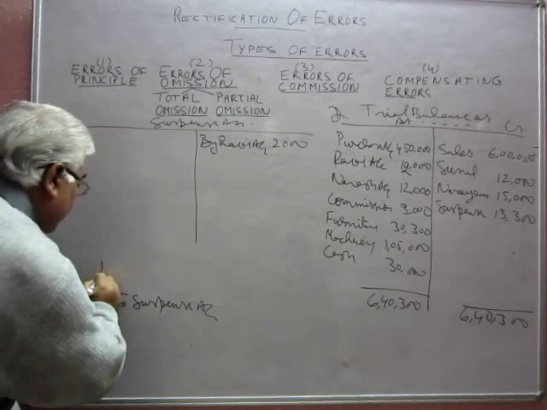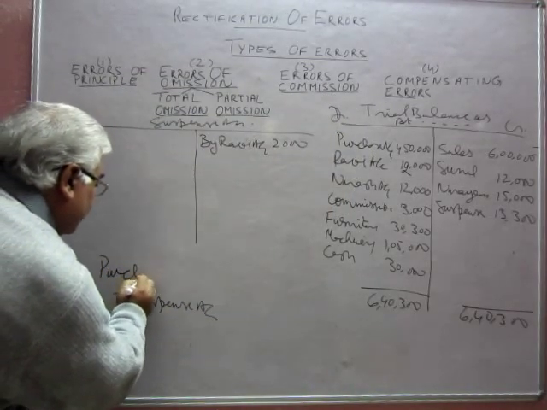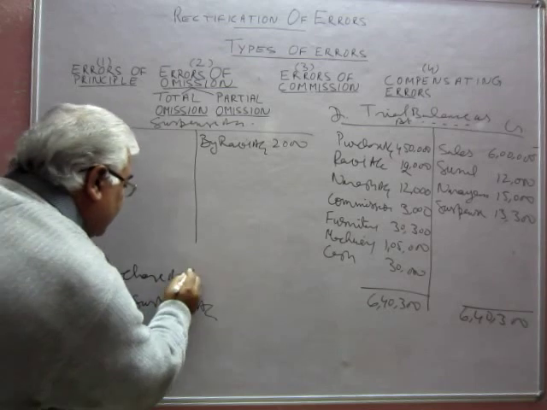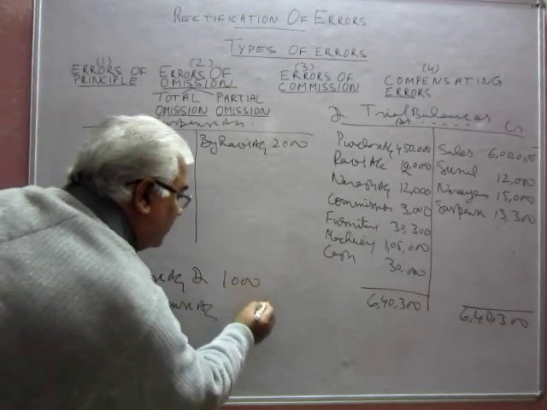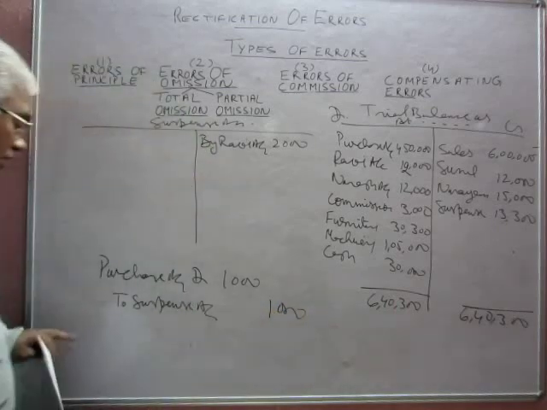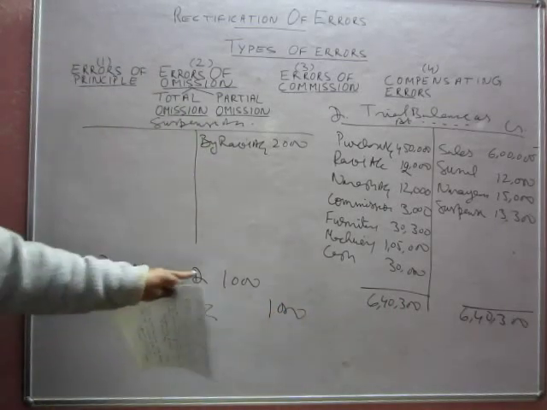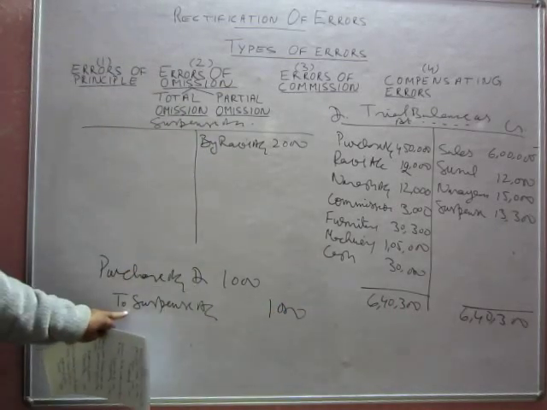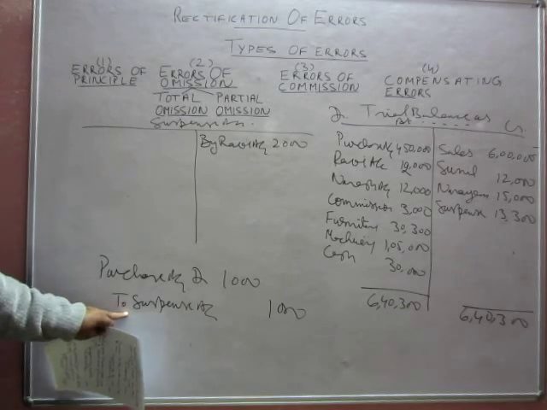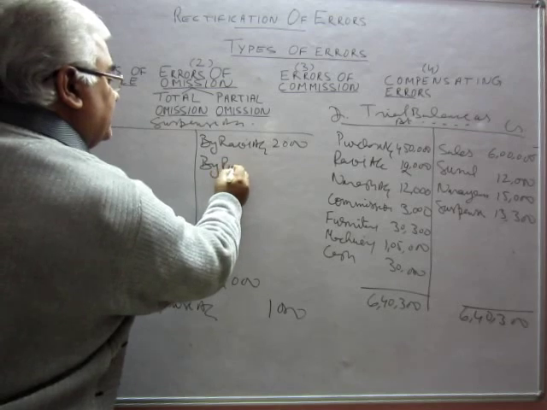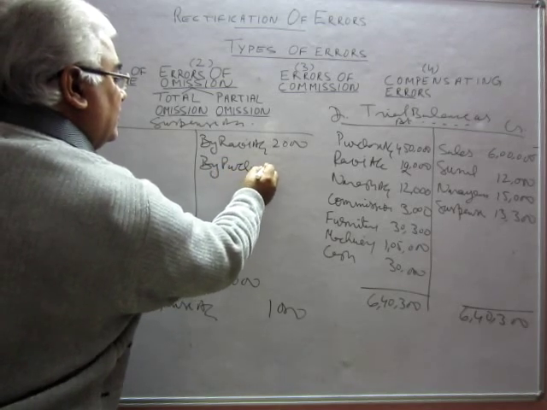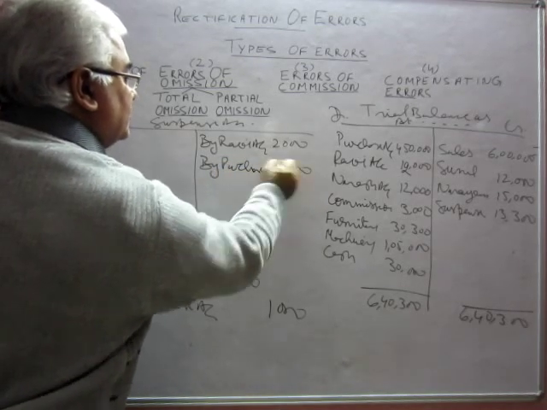So it will be purchase account debited to suspense account 1000 rupees. Purchase to suspense 1000 rupees. Now again suspense account is being credited, so it shall be by purchase account 1000 rupees.